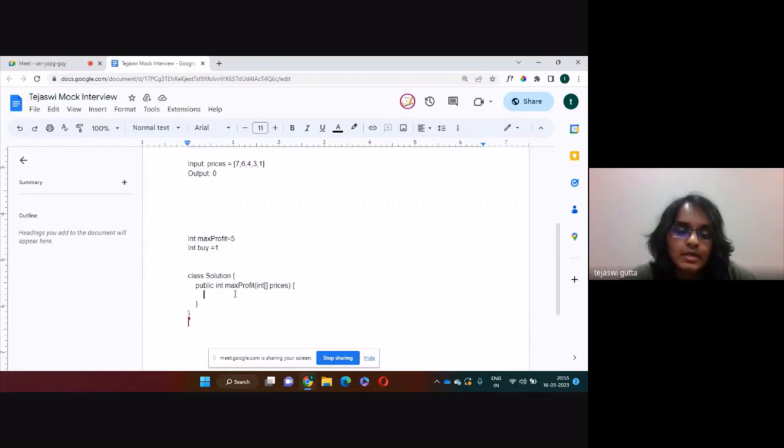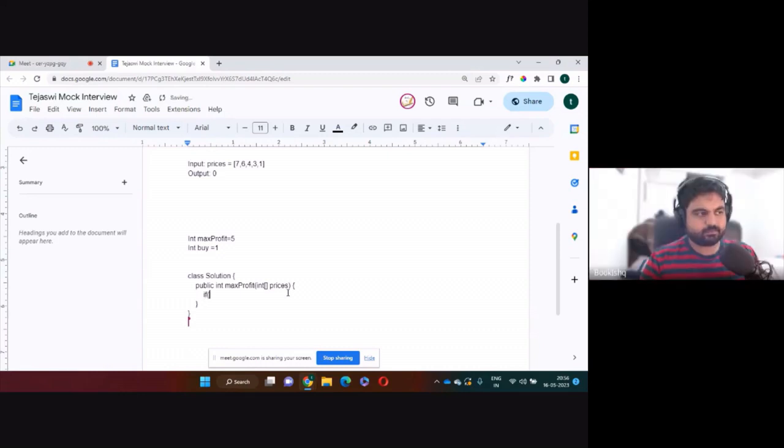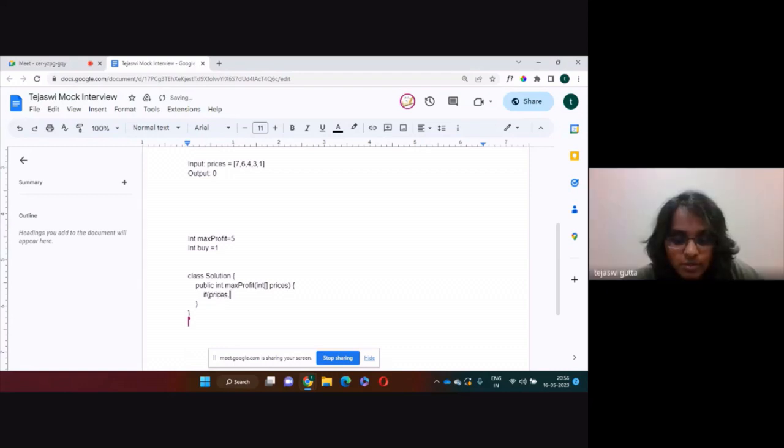First I'll consider the edge cases: if the size of the prices array is zero, or if it is null, I'll be returning zero. If prices.length is equal to zero or prices is equal to null, then I would directly return zero.